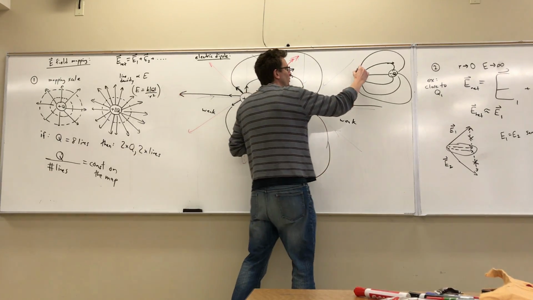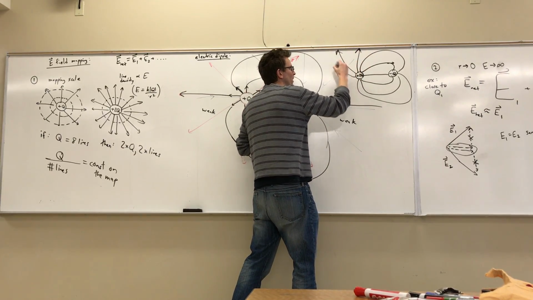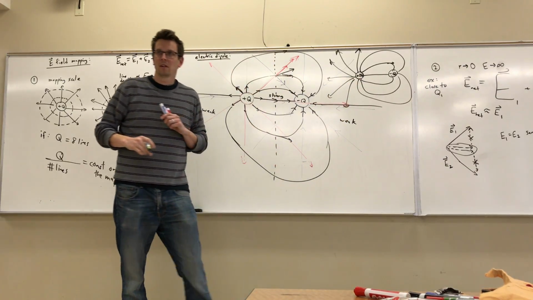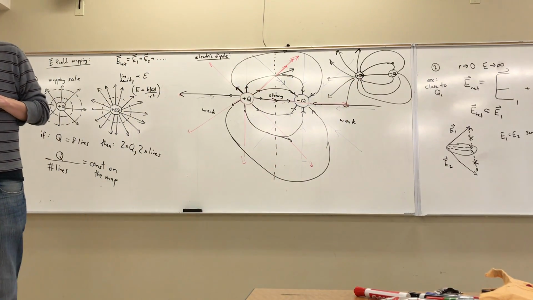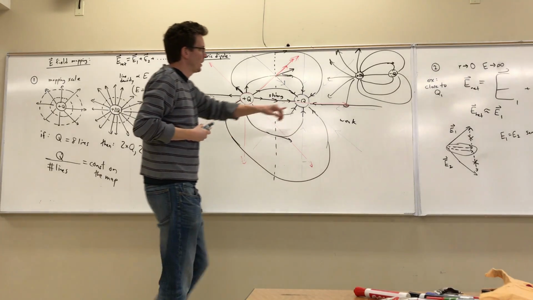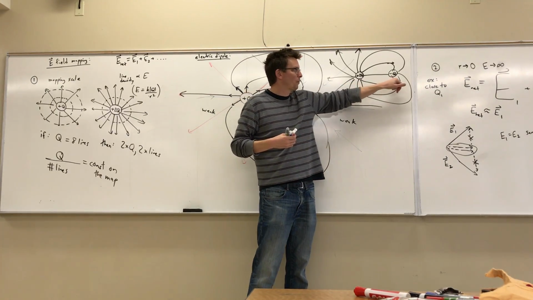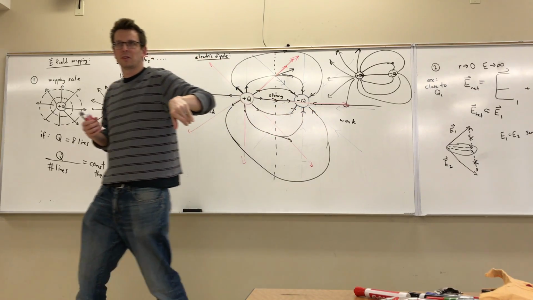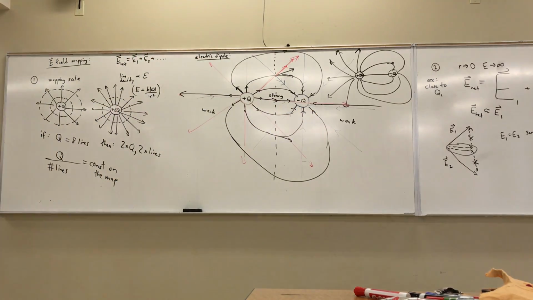But it'd be much more skewed like that. And I should also mention that because there are twice as many lines out of this one, you'd have many unpaired field lines, right? Out of the field lines that came out of this one, only half of them would have to connect to this one. The other half would have to go to infinity. Does that sort of make sense? Mm-hmm. Yeah. Why are you bringing the smaller charge closer?